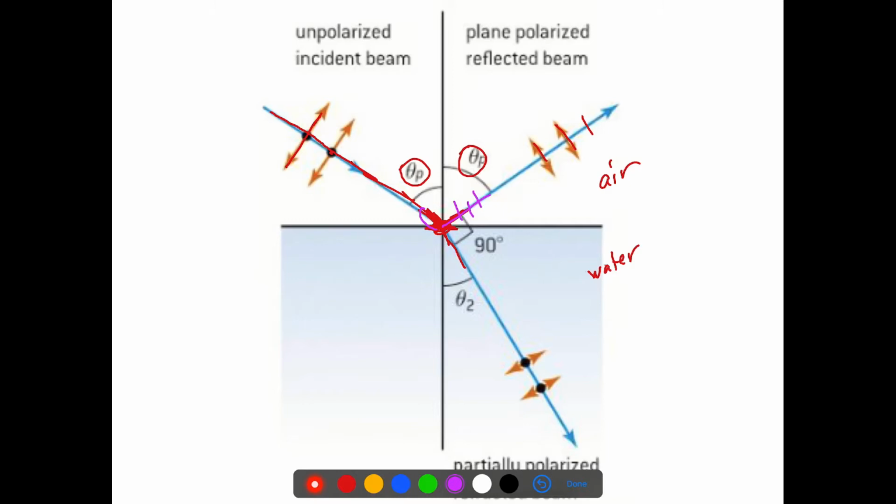Most other things are polarized in all directions, but the glare, the stuff that's reflecting directly off that surface, is going to be polarized. When you put on the glasses, it does decrease 50% of the light, which is why everything's not as bright, but you'll notice that it can actually take away that glare 100%, because the glare is coming off of a horizontal surface, and so the light is polarized horizontally.